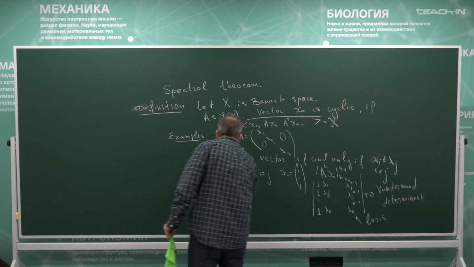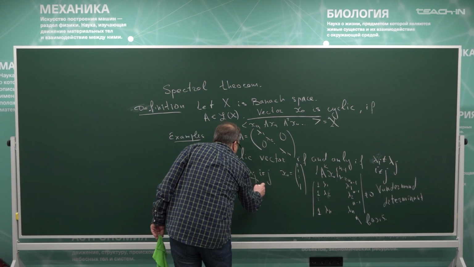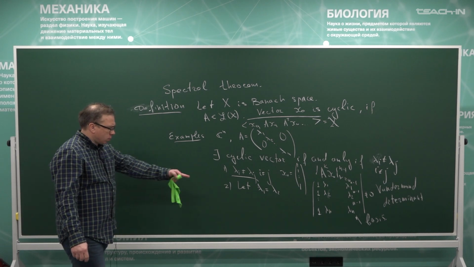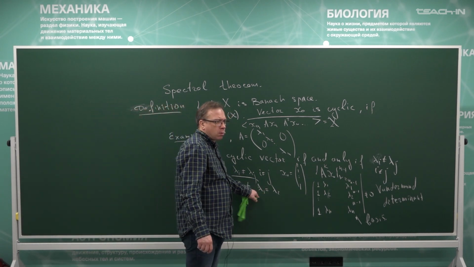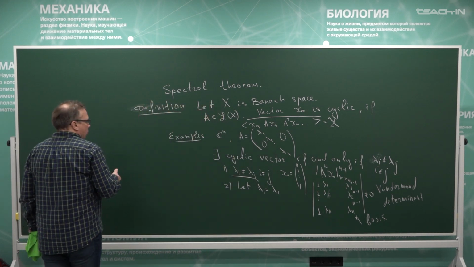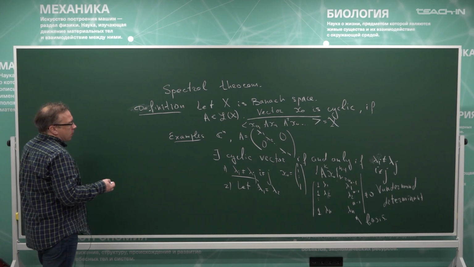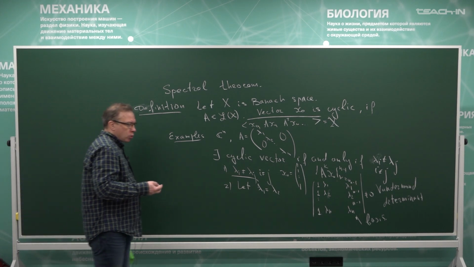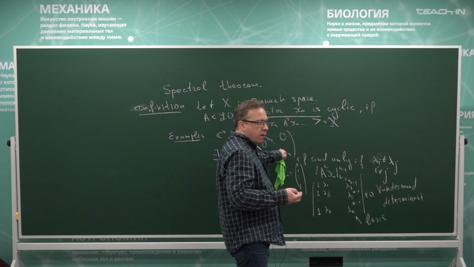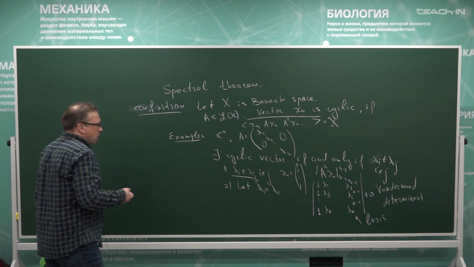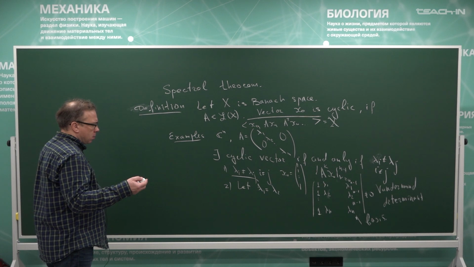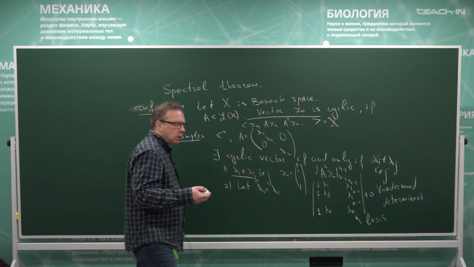But second, let two of them coincide; we can arrange this by changing the numeration. Then it is easy to see that the minimal polynomial which annihilates our operator, our matrix, has degree less than or equal to n minus 1.